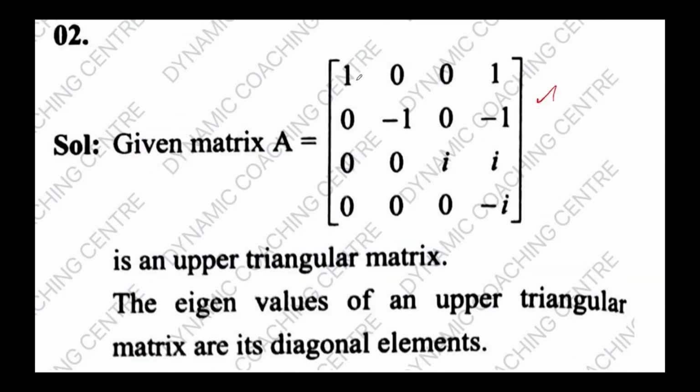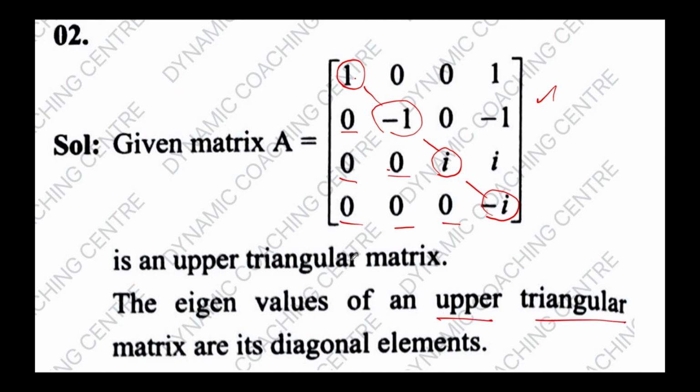Let's check whether it is upper triangular or not. So this is the first element of your leading diagonal, second element, third element, and this is the fourth element, right? So this is the leading diagonal, and exactly below the leading diagonal all the entries are found to be 0. So hence it is upper triangular.